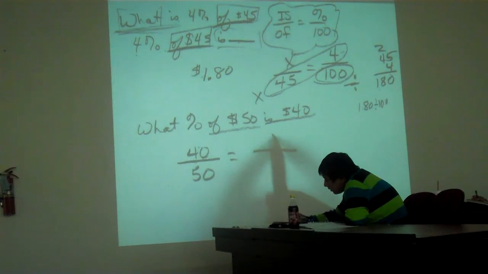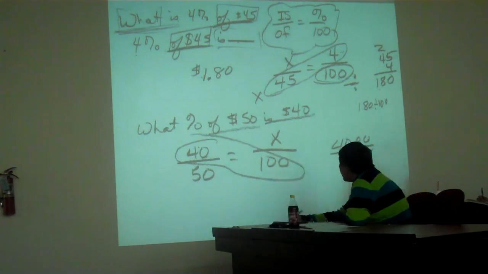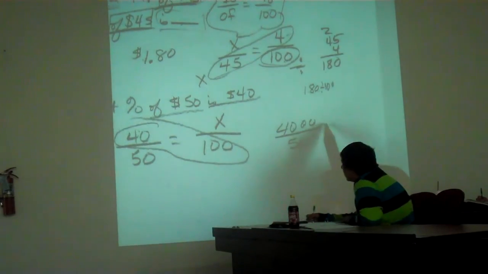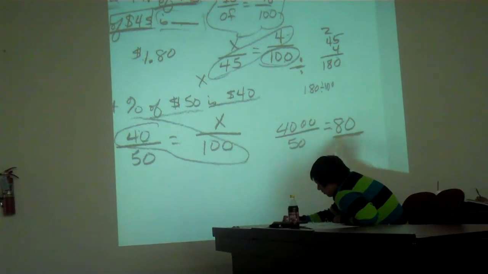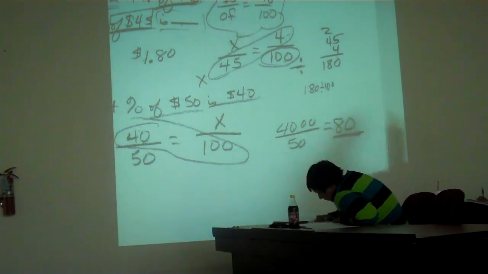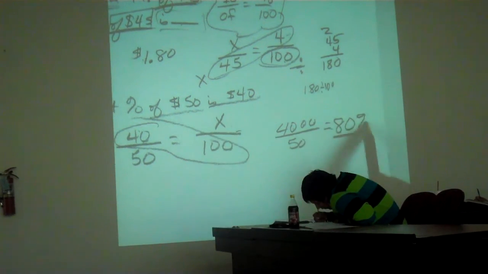Percent? We don't know. Goes over 100. 40 times 100, 40 with 2 more zeros, divided by 50. That's 80. What are we finding? 80%. Percent.